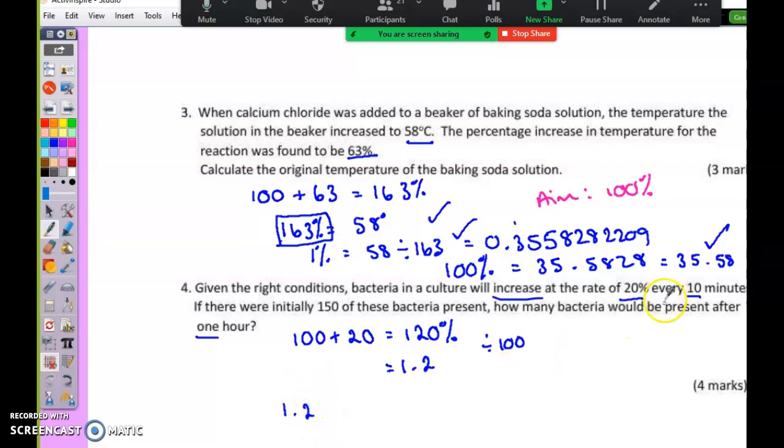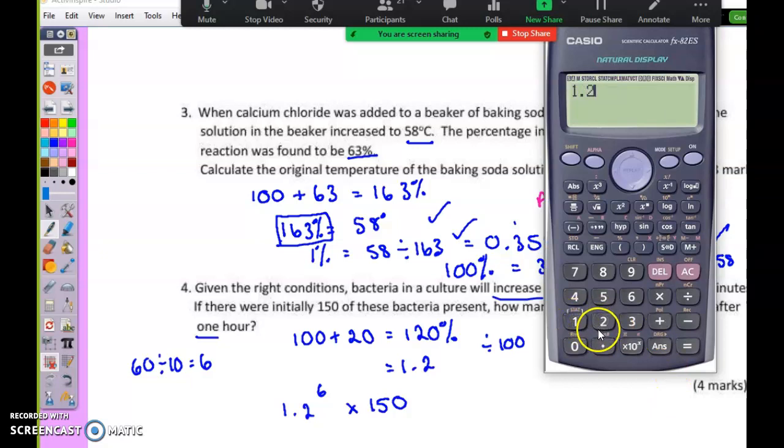Now, the power of my 1.2 is going to be the number of times it repeats. It's happening every 10 minutes for 1 hour, so it repeats 6 times. So I'm doing it to the power of 6 times the 150. We get 1.2 to the power of 6 times 150.